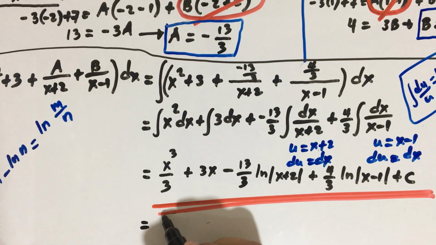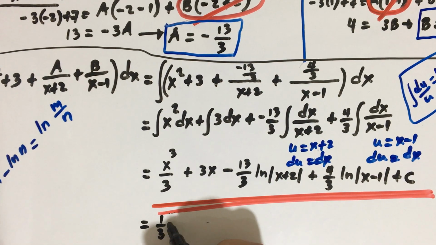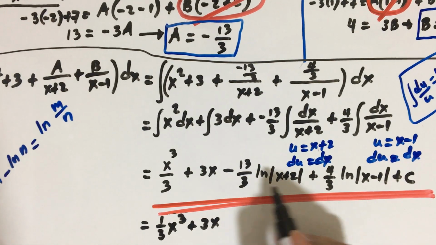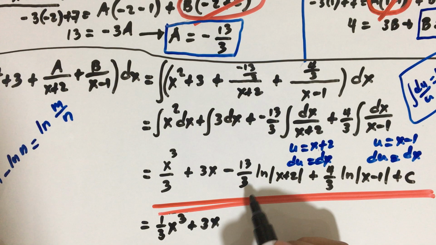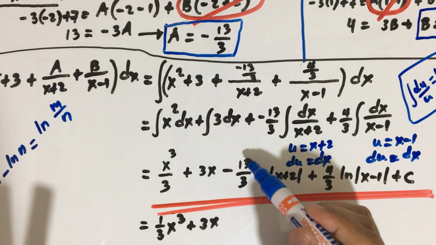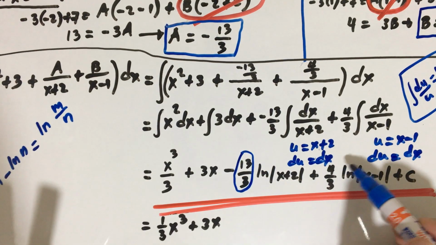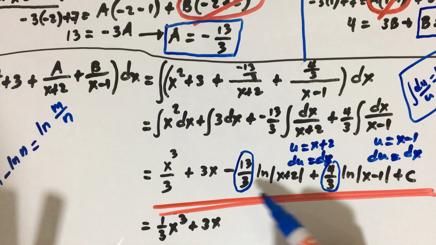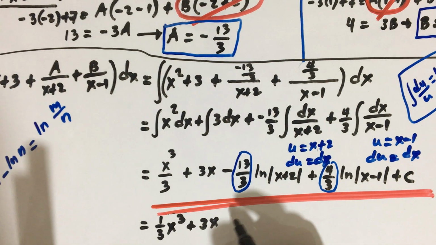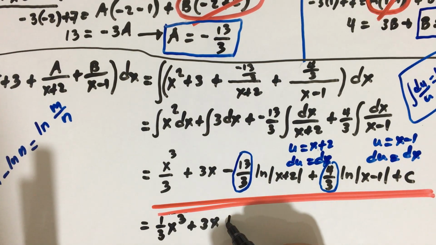So we can rewrite this as 1/3 times x cubed plus 3x. Then you may factor 1/3 here, because we have a common denominator 3 in this part and also this part, so you can factor the 1/3.